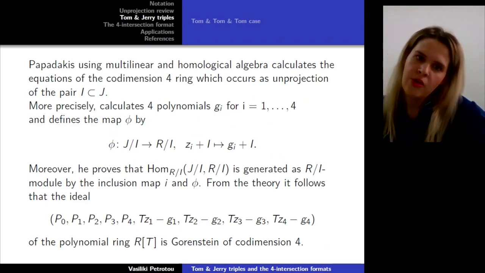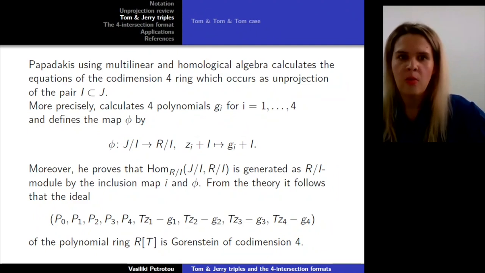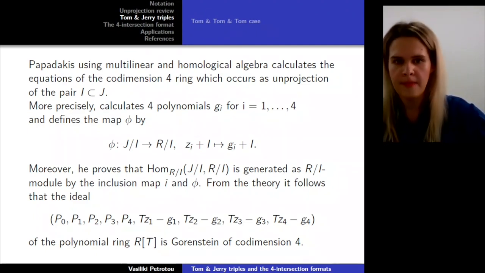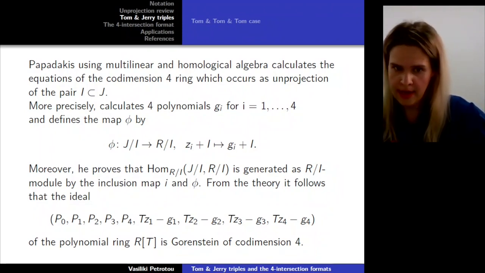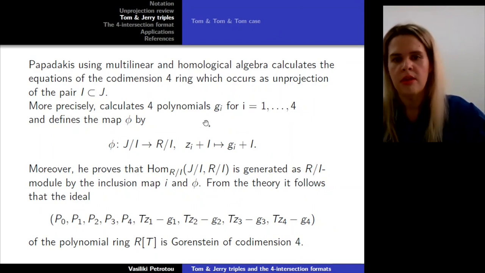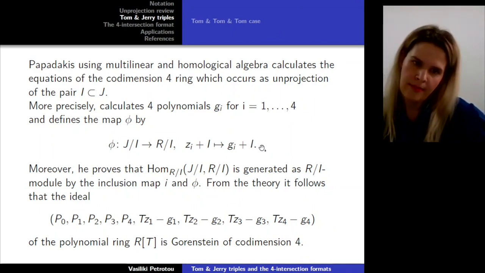More precisely, using multilinear and homological algebra, he calculates the equations of the codimension 4 ring which occurs as the unprojection of the pair. He calculates 4 specific polynomials, which we denote by g_i, and he defines the map phi in this way.